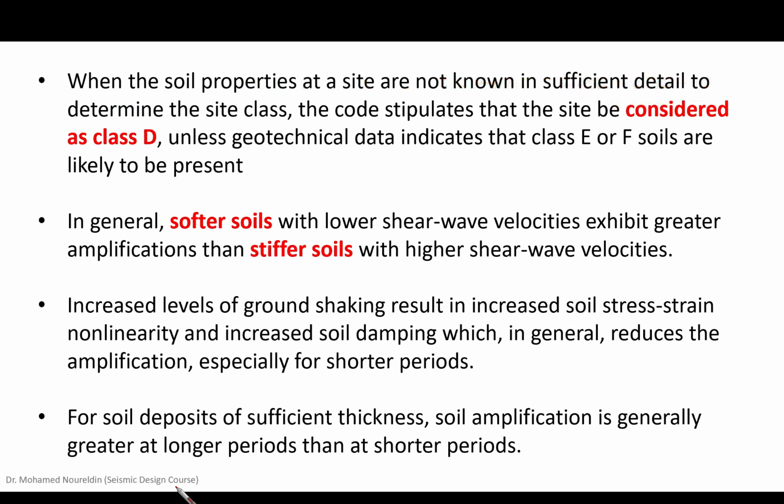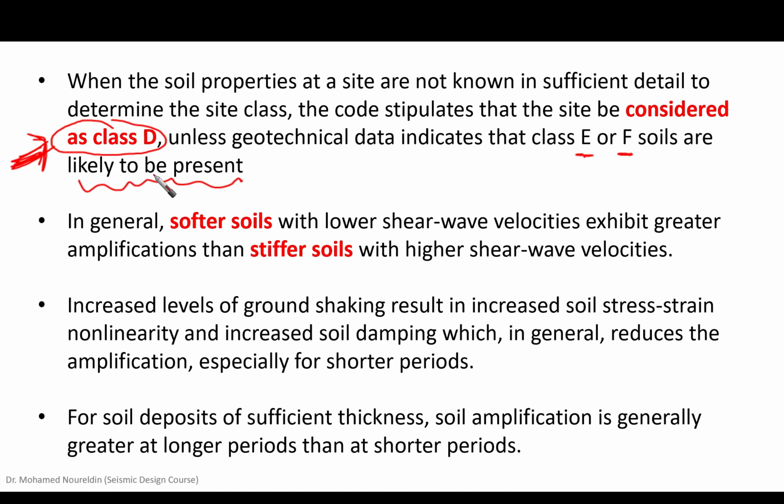Now, when the soil properties at a site are not known in sufficient detail, then ASCE allows you to assume it to be class D. So if you do not know the soil details of your building, then you can assume it to be class D, unless geotechnical data indicates that class E or F soils are likely to be present.